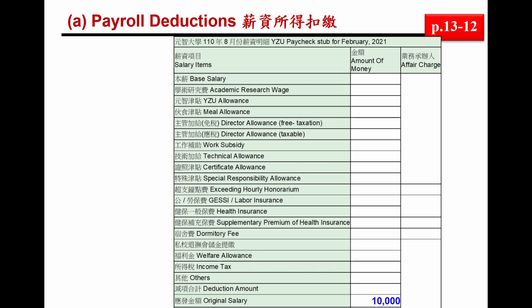Okay, so in this case, for example, did you find out here? Original salary $10,000. The original salary of $10,000 is the salary you expect. So when you interview and apply for the job, they will tell you the original salary. Okay, but each month, actually you only get $8,000.